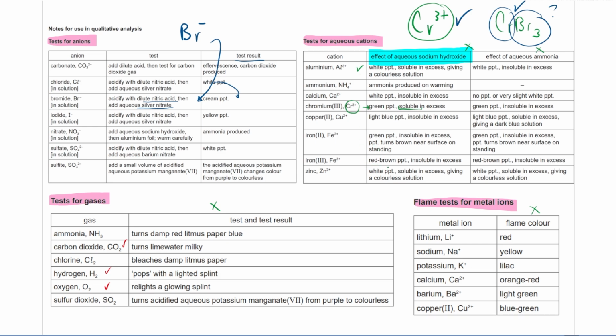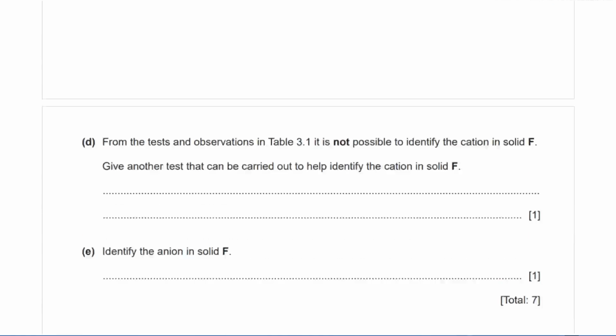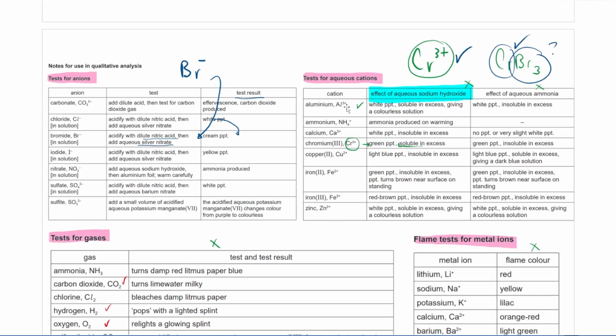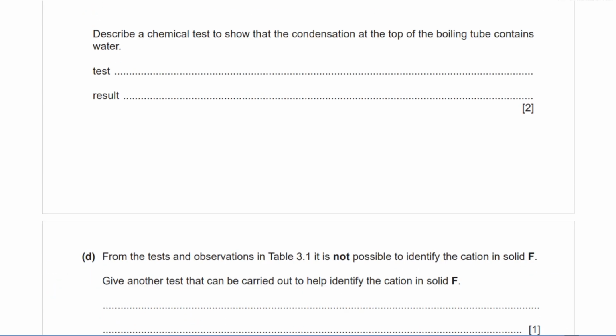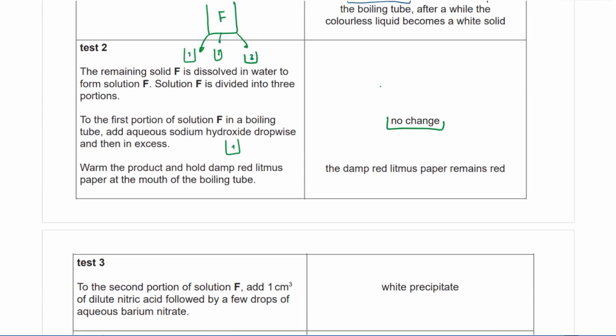But here we don't have information for no change. So basically what we can conclude is that the cation of solid F is not aluminum or ammonium or calcium or chromium or copper or iron or zinc, right? So here we have no idea what our cation is. So we still don't have information.